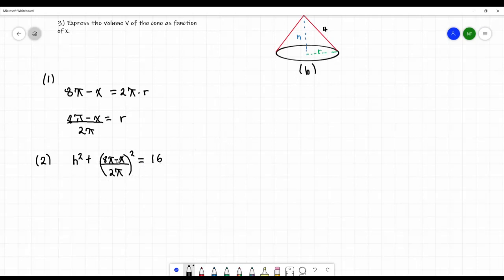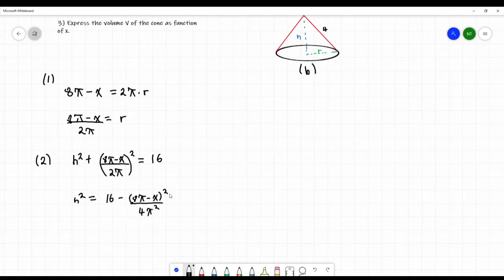Now let's start isolating for h. So h squared is equal to 16 minus everything here, which is (8 pi minus x) squared over 4 pi squared.